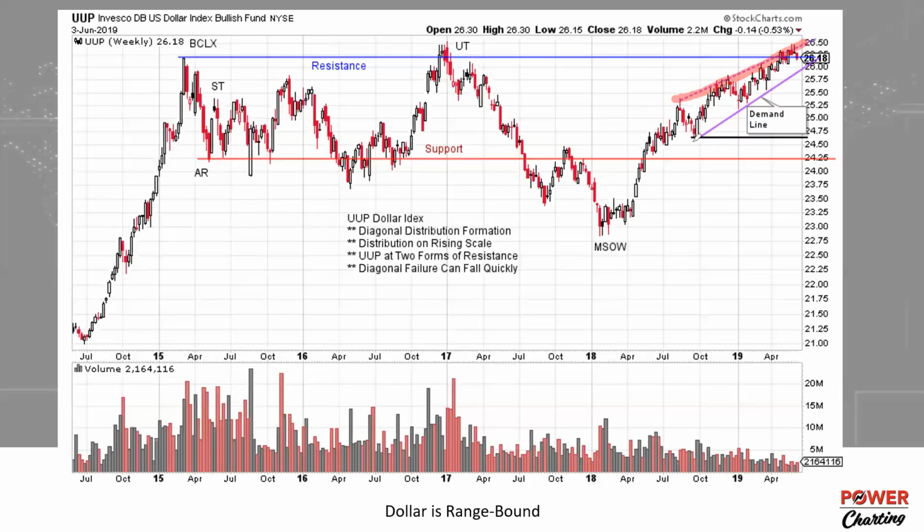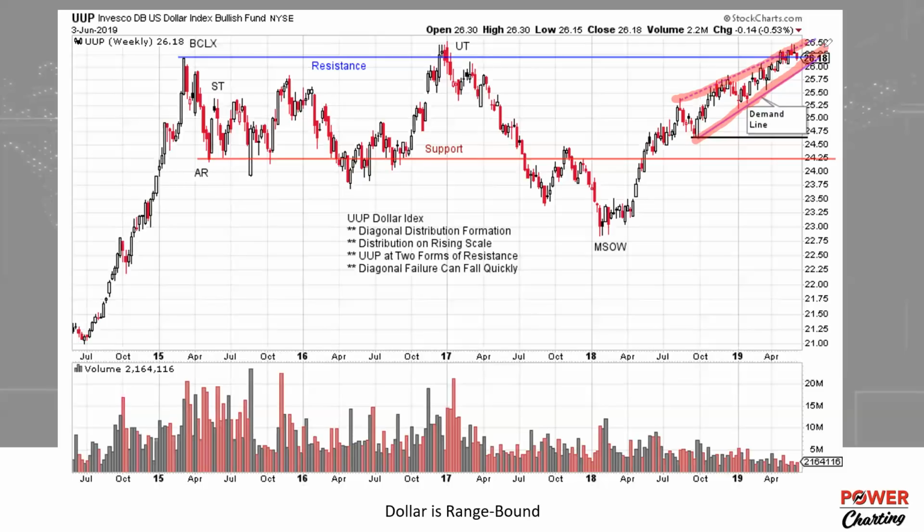And then the demand line underneath is running up also, but at a steeper rate. So these two trend lines converge. Now, I don't pretend to be an expert on Elliott wave, but this is a phenomenon that's seen in markets and has been for a very long time.